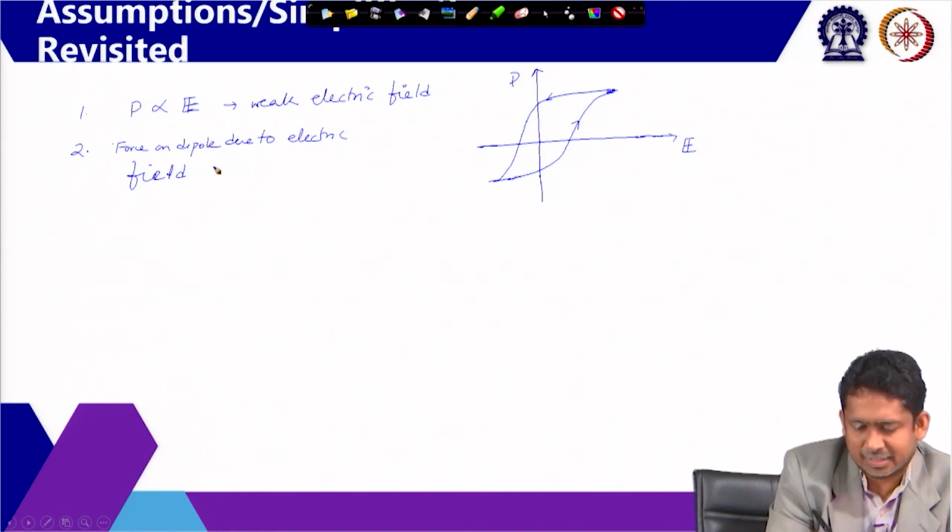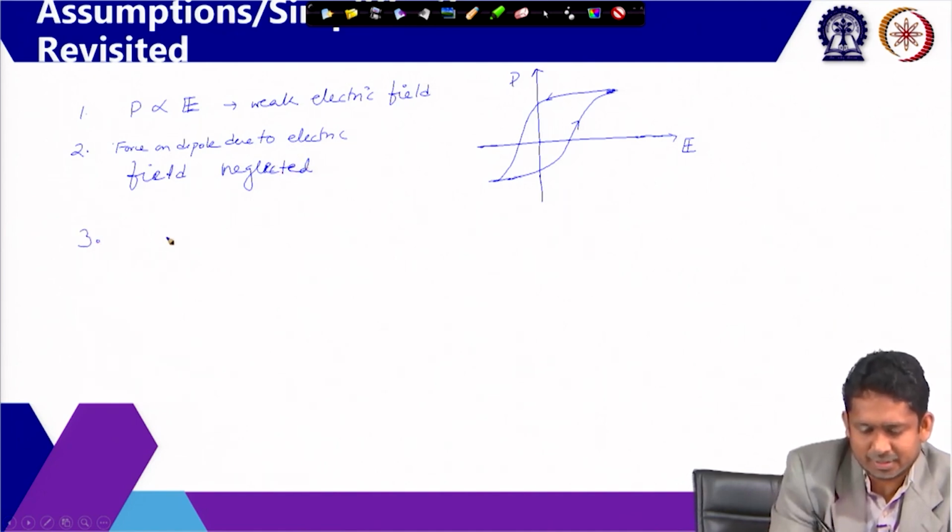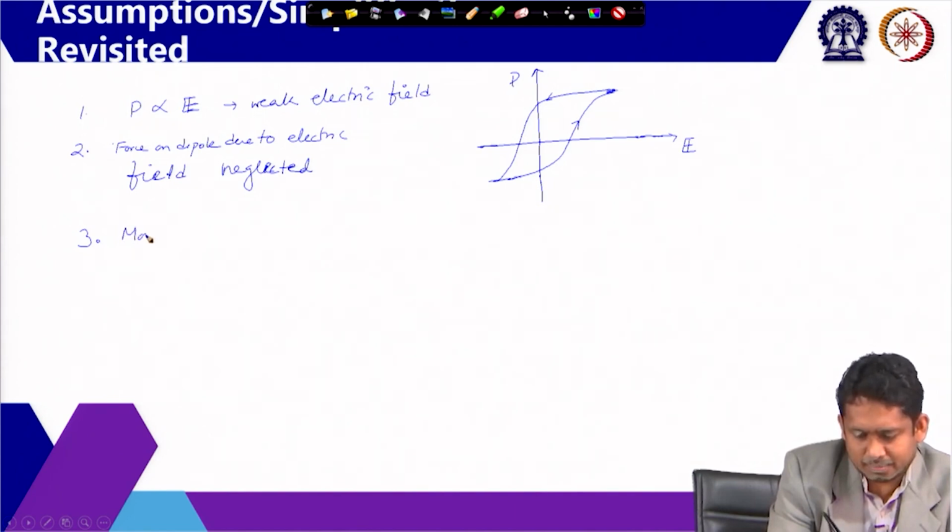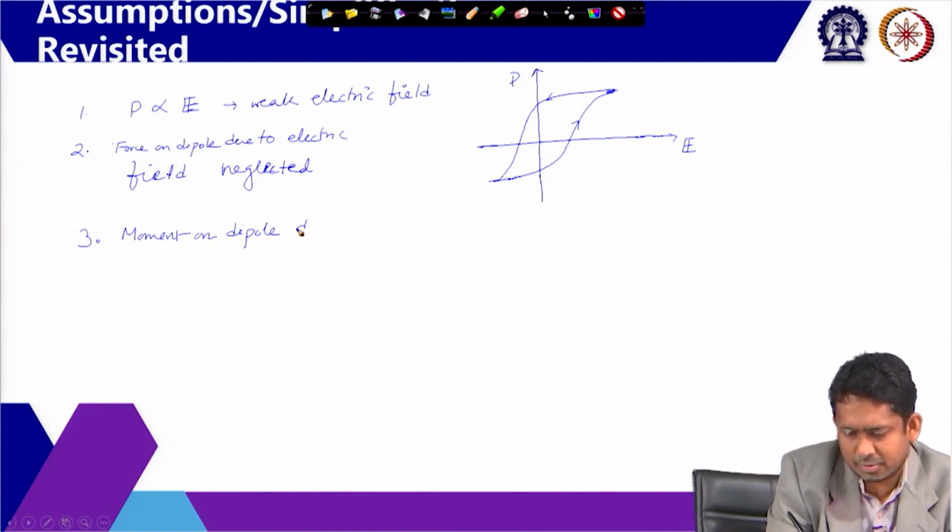So, we neglected this, and because of that we got rid of the body force term in the conservation of linear momentum equation, and also we neglected the moment on dipole due to electric field.